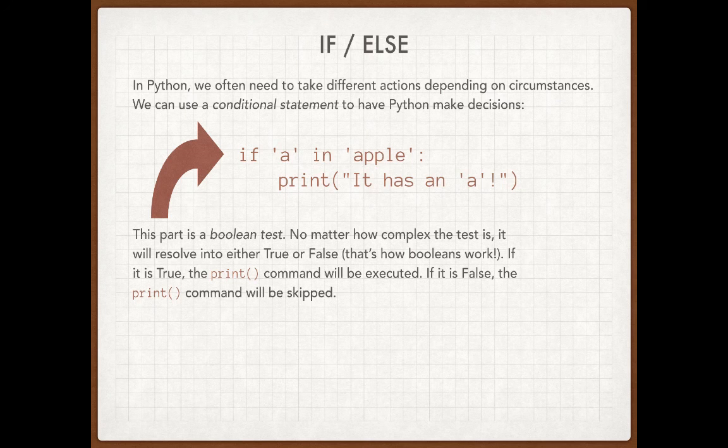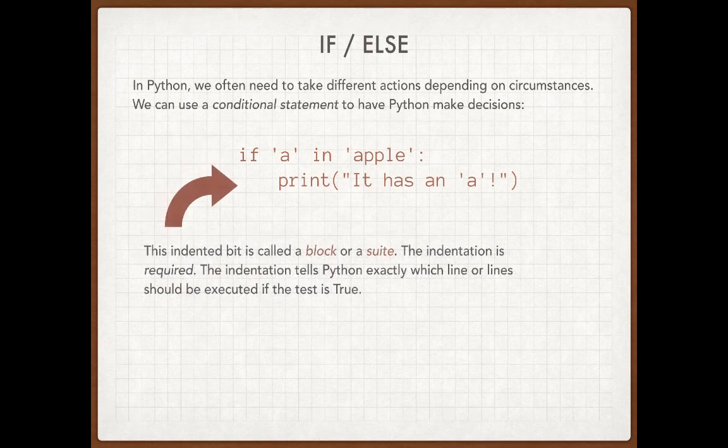Again, no maybes, no partlys, no sometimes, just either true or false. Now, if that Boolean expression evaluates to true, then the indented code underneath it will be executed. If the Boolean condition evaluates to false, that indented code there will be skipped. We just won't execute that at all.